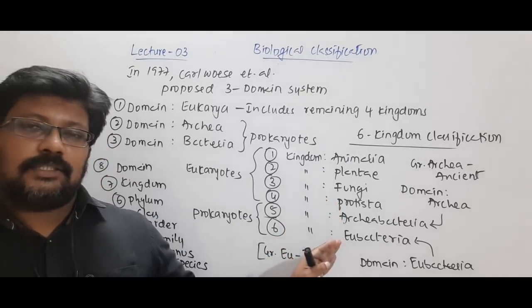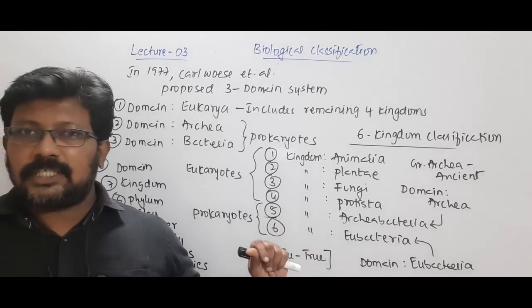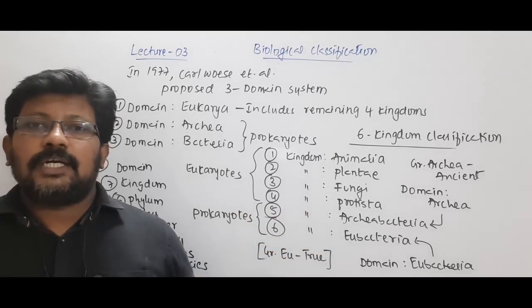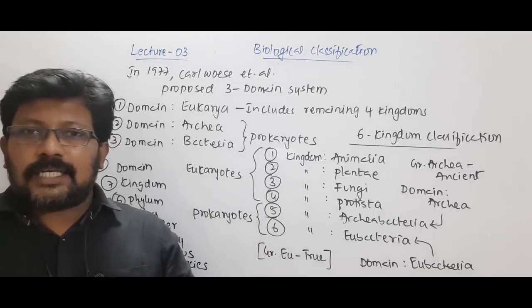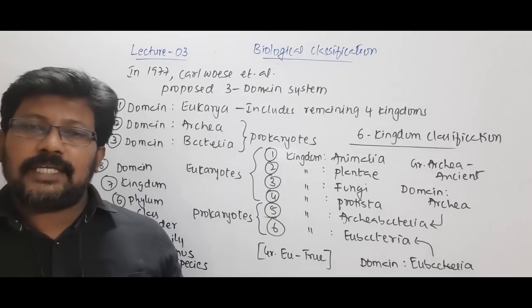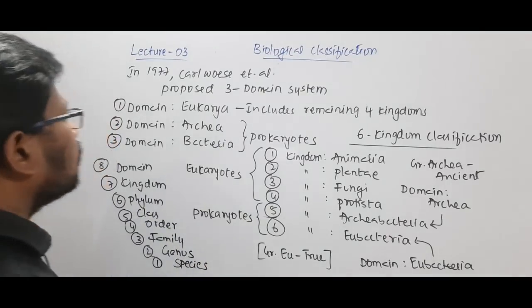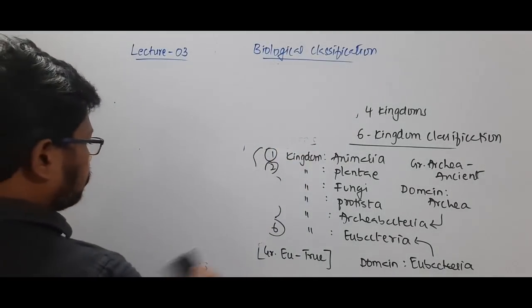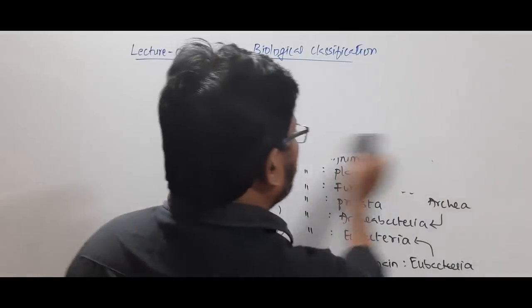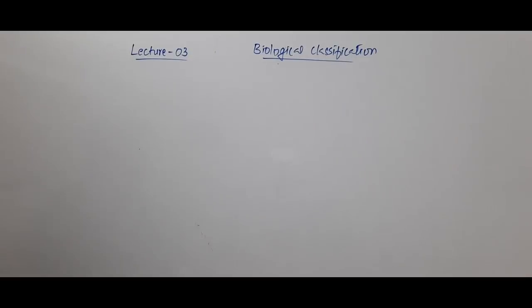So this is a small piece of information about the six kingdom classification. And I told you we even have a seven kingdom classification, and these classifications are not permanent and they will change from time to time. So now let's see about kingdom Monera.